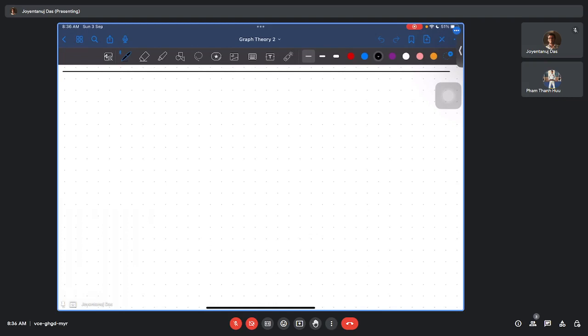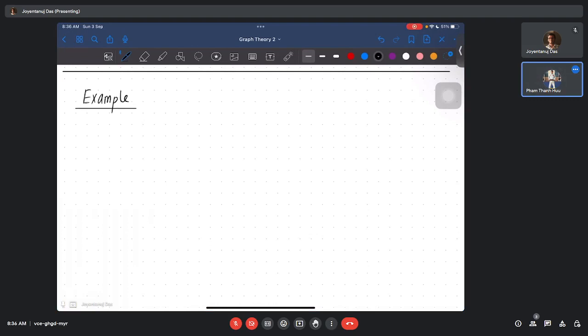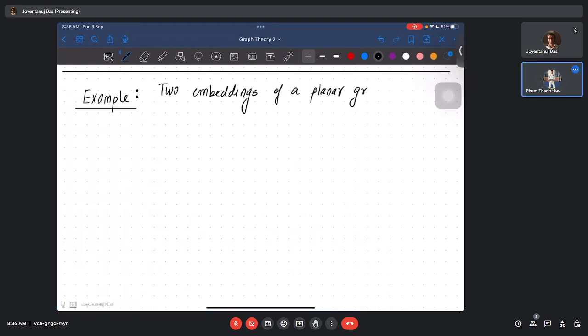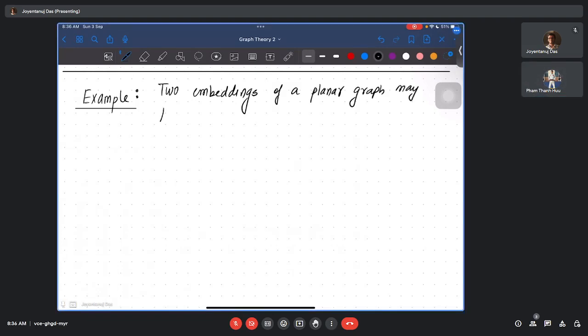One example is two embeddings of a planar graph, which may have non-isomorphic duals.